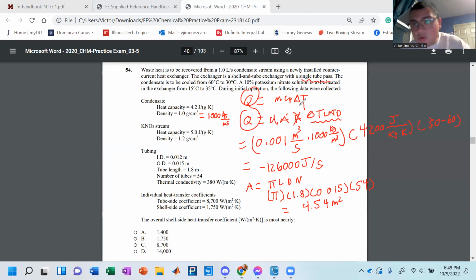Counter-current heat exchanger. If you go to your reference manual, they give you an equation for a counter-current heat exchanger log mean temperature difference.